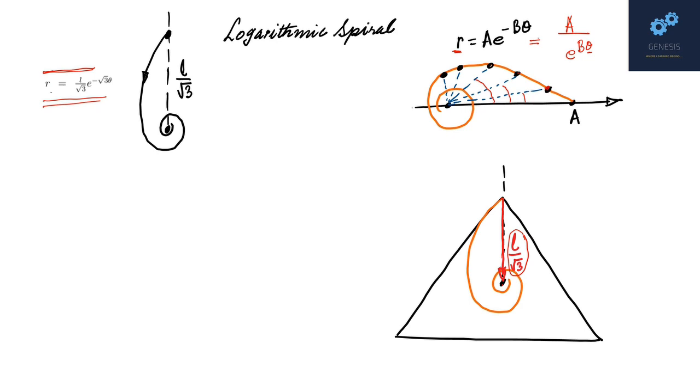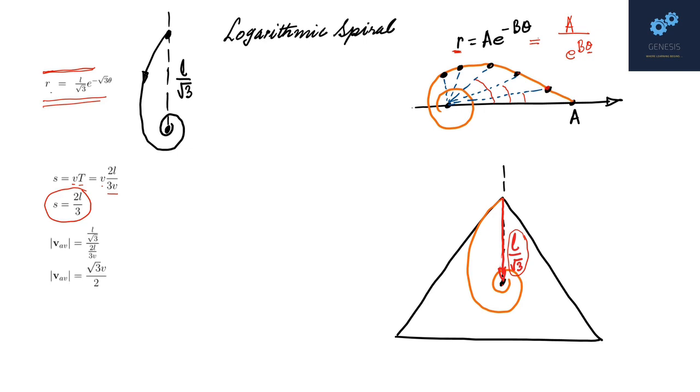In fact, it is very easy to calculate. Since the motion is occurring with constant speed, the distance traveled is simply speed into time. So V into 2L by 3V, which gives us the answer s is equal to 2L by 3. So the distance traveled, or the length of this path having infinite number of turns, is finite, and that is 2L by 3.